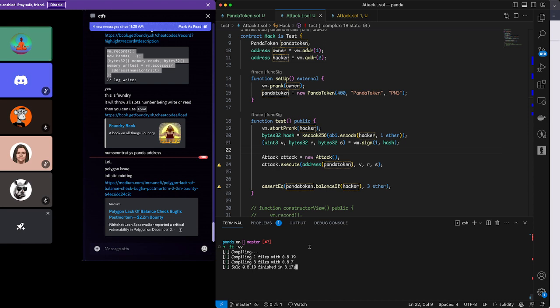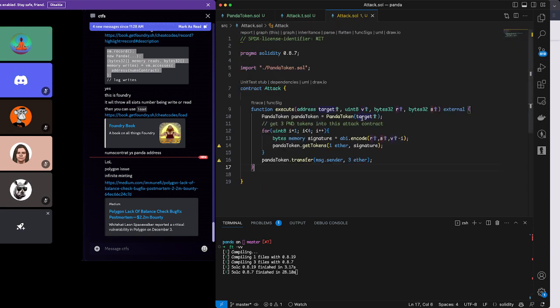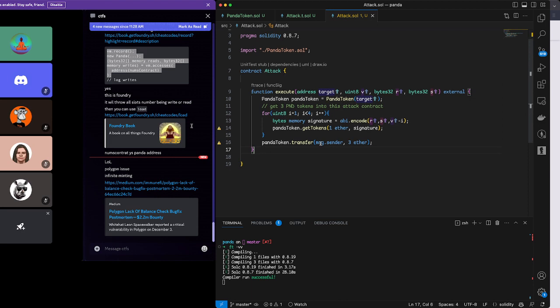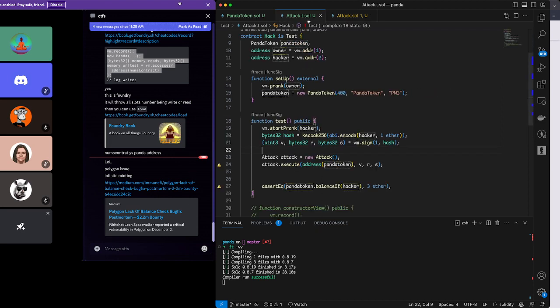This is taking longer than I would anticipate. Is my for loop somehow unbounded? Oh, nope, the compiler is just taking a long time. We've got all these different solc versions, that's probably why. All right, and we passed.